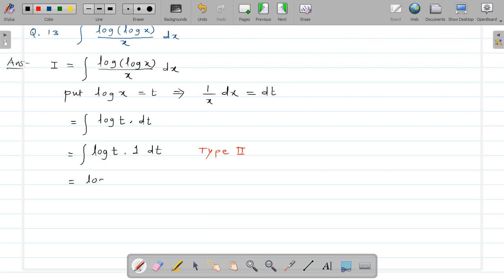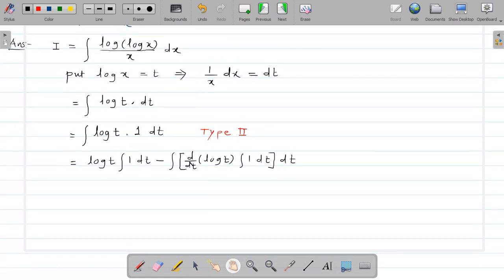So log t as it is into integration of 1 dt minus integration of the derivative, now with respect to t, of log t into integration of 1 dt. Remember, here we have to evaluate with respect to t.